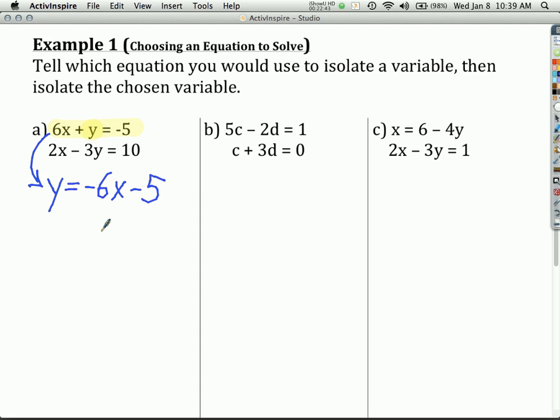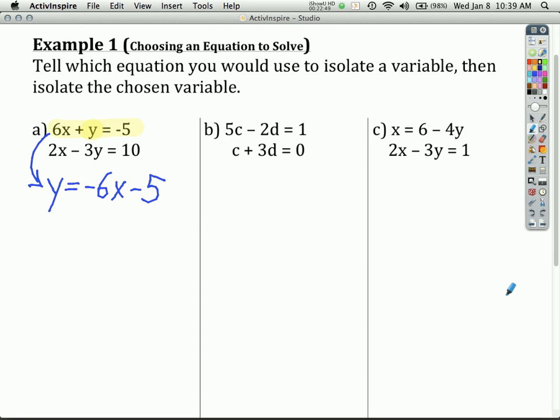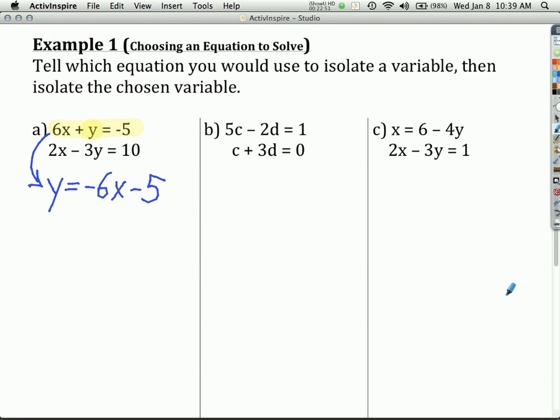Let's look at part B. Which equation should we isolate? First equation or the second equation? The second? Do you agree with that? Okay, why? Okay, well that's fair.